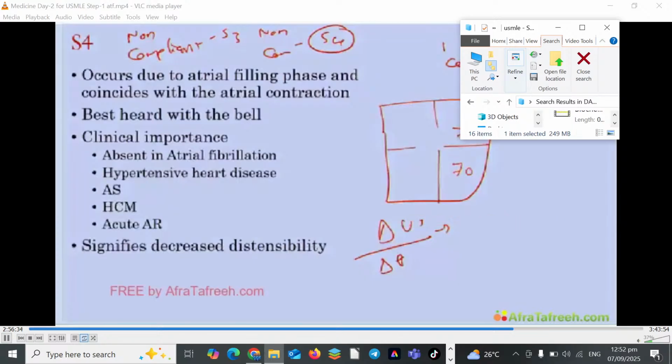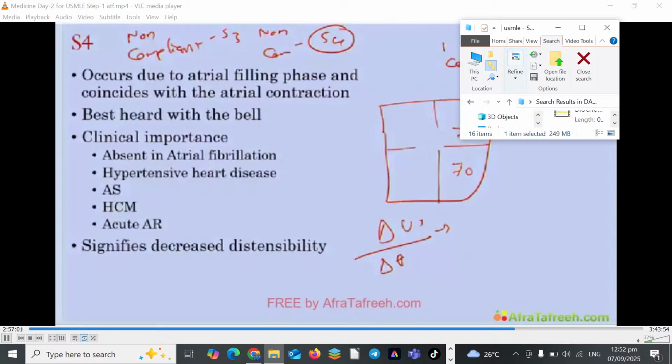Listen, when you have the ventricle which is not taking any more blood, it has stretched and it refuses to take any more blood. When it stretched, it produced S3. But the atria are still having a lot of blood. Because of the acute MR, the atria have a lot of blood. It was supposed to have 30 ml, right?